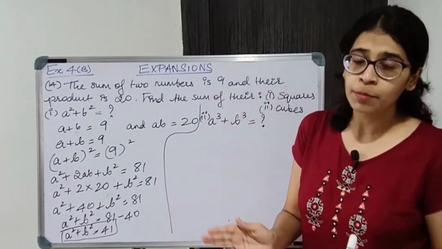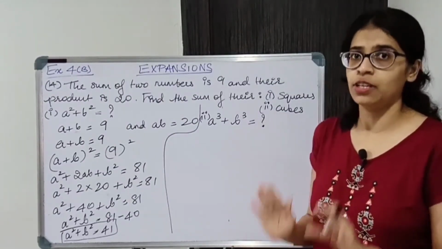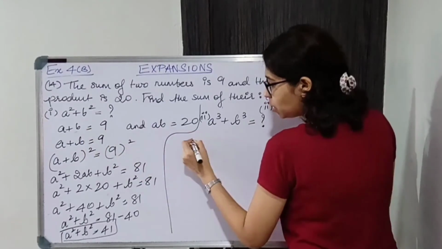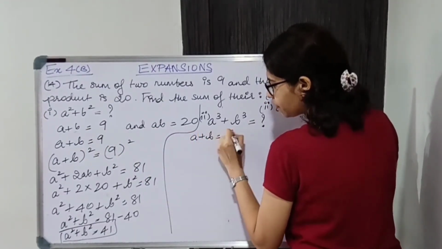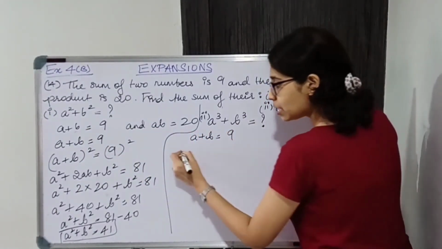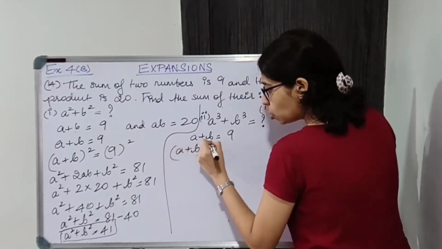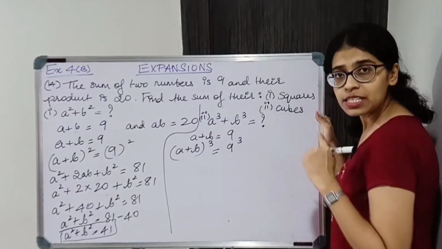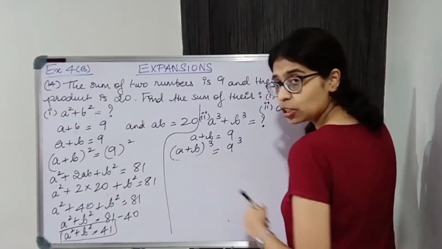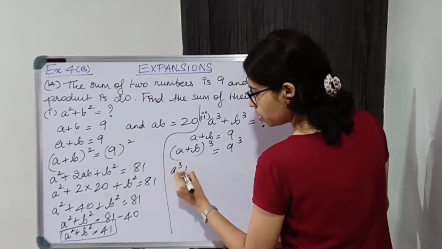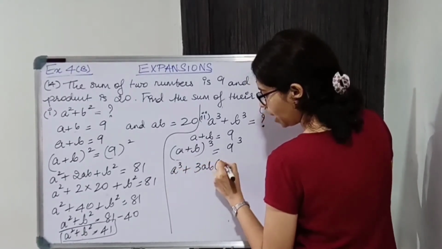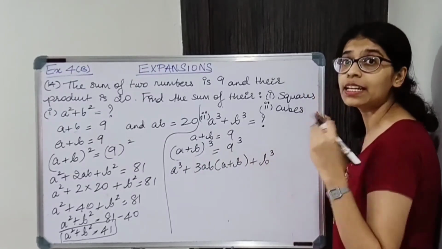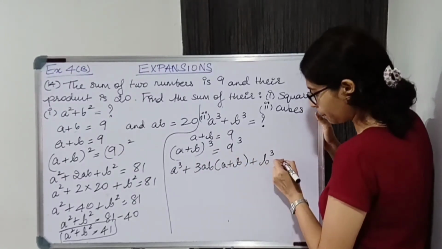Memorize the identity for the whole cube, that is more than enough. So a plus b is equal to 9. Now we'll cube it on both the sides. So a plus b, the whole cube is equal to 9 cubed. Cubing on both the sides, give reason. Now a plus b the whole cube is nothing but a cube plus 3ab times (a plus b) plus b cube, using the identity expanded form.